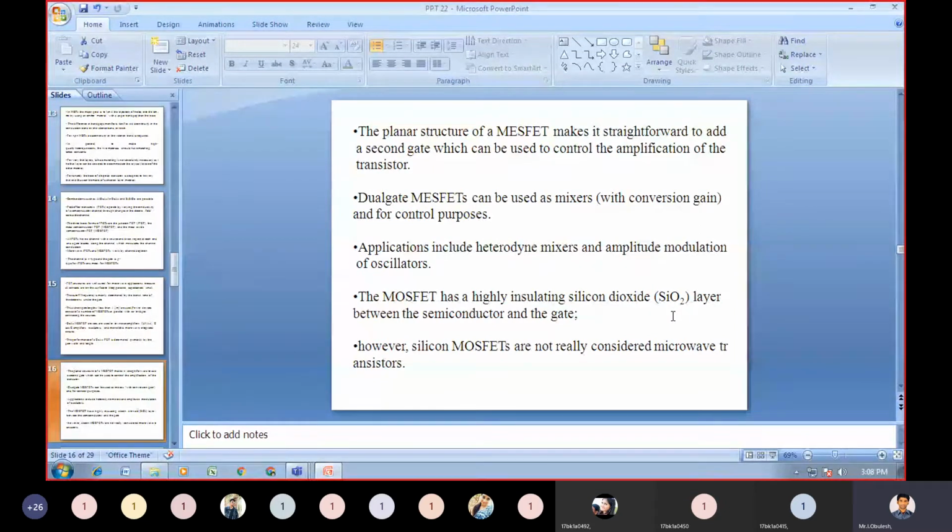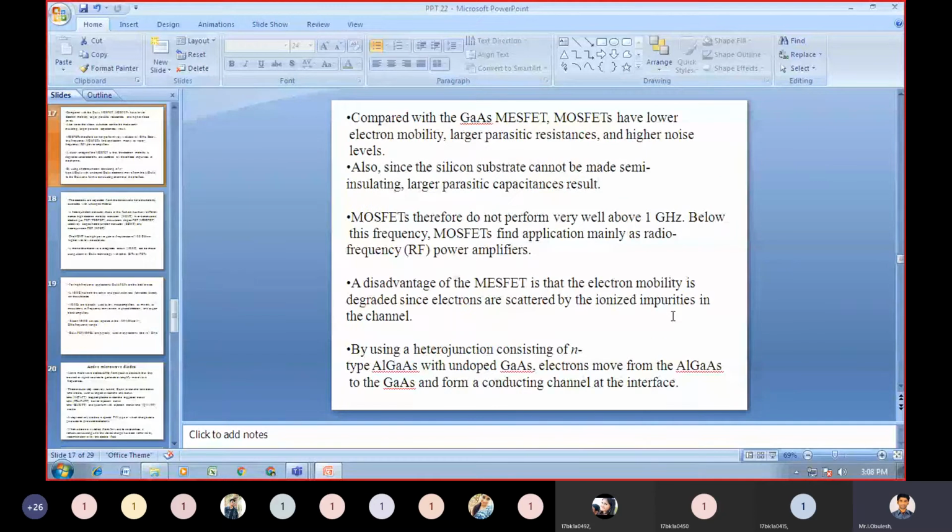The MOSFET has a highly insulating silicon dioxide layer between the semiconductor and the gate. However, silicon MOSFETs are not really considered microwave transistors. Compared with the gallium arsenide MESFET, MOSFETs have lower electron mobility, larger parasitic resistance, and higher noise levels.